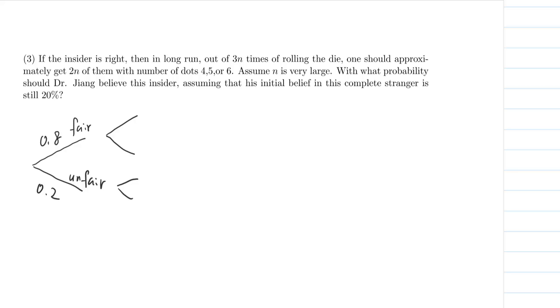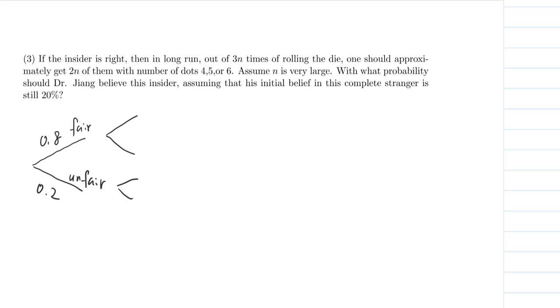We have seen that if this die is rolled 3 times and every time results in a bigger number, then the probability of believing in this unfairness increased from 0.2 to 0.39. Okay, so now let's try to see what's going to happen if we roll many times.